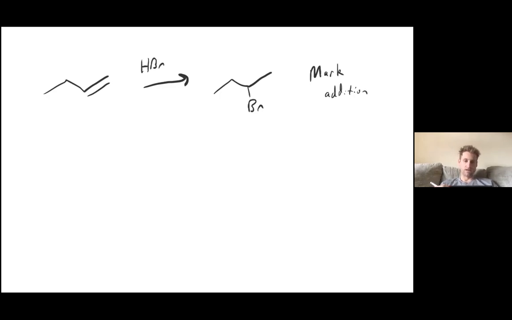If we add in peroxide, this is going to push it to our less substituted position. So anytime you see peroxide, this should automatically indicate that you're going to be doing an anti-Mark addition, anti-Markovnikov.